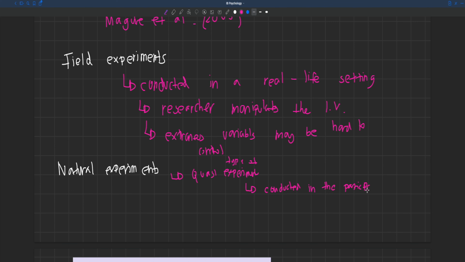And in this experiment, the researcher has no control over the independent variable, as it is based on the natural setting of the participants. The independent variable must occur naturally. So the researcher has no control over the IV.